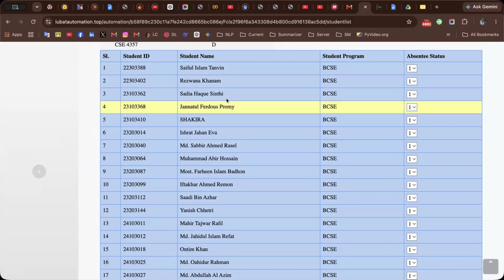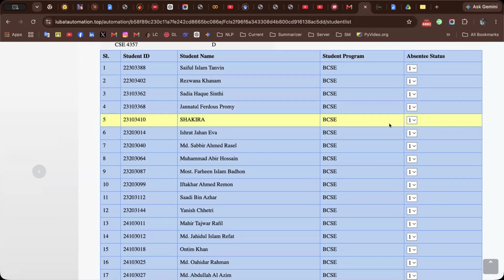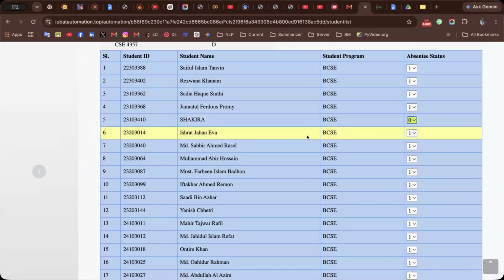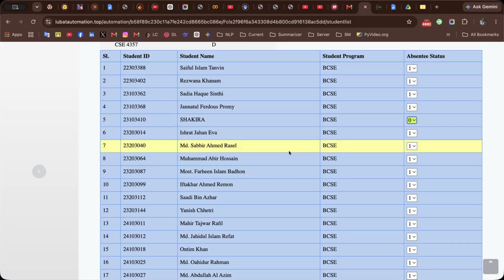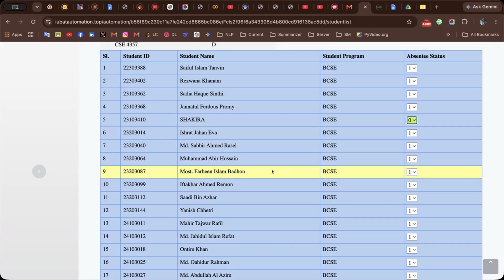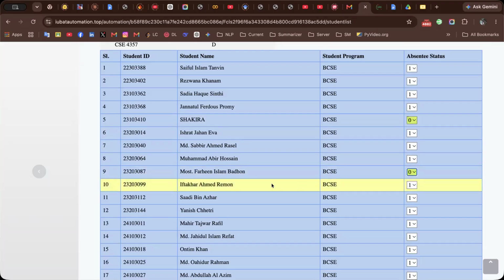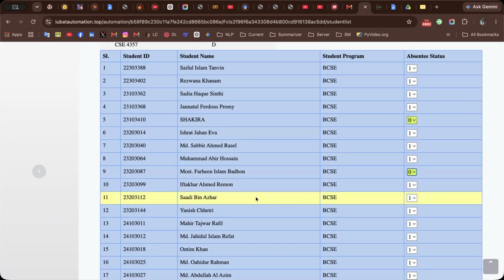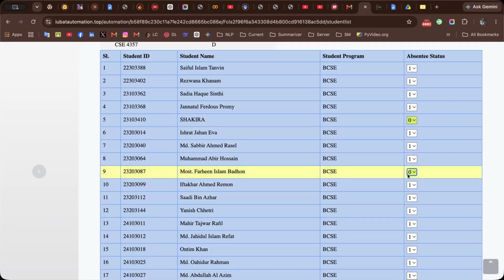Sinthi, yes, sir. Promi, yes, sir. Shakira present. Ishrat Jahan Iba, yes, sir. Russell, yes, sir. Abir, present, sir. Badhon. Rimon, present, sir. Sadi bin Azhar, yes, sir. Present. Okay.